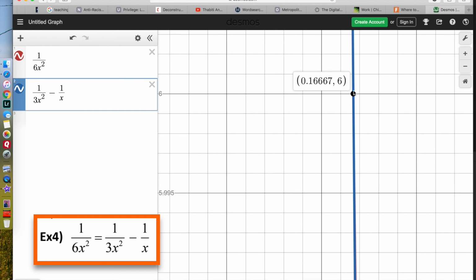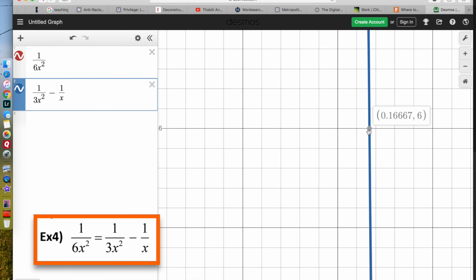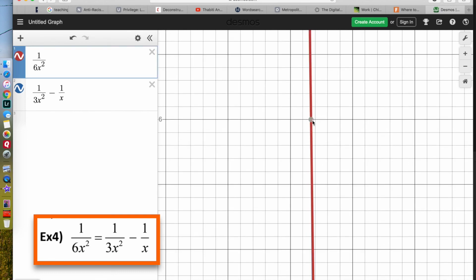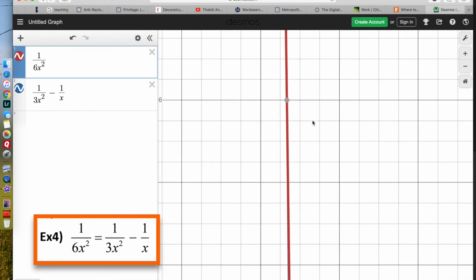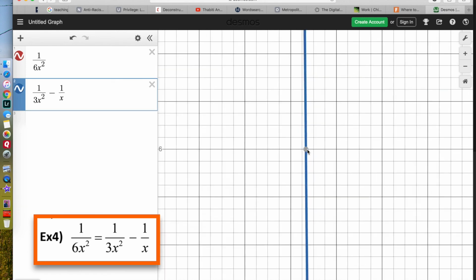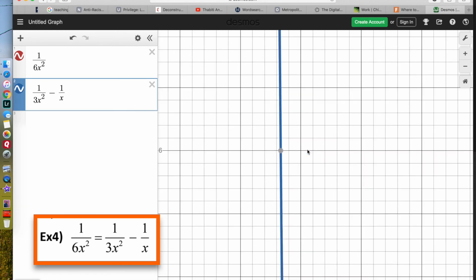And so if I zoom in, I want that in the middle of the screen, zoom in. Oh, my computer stopped zooming in.